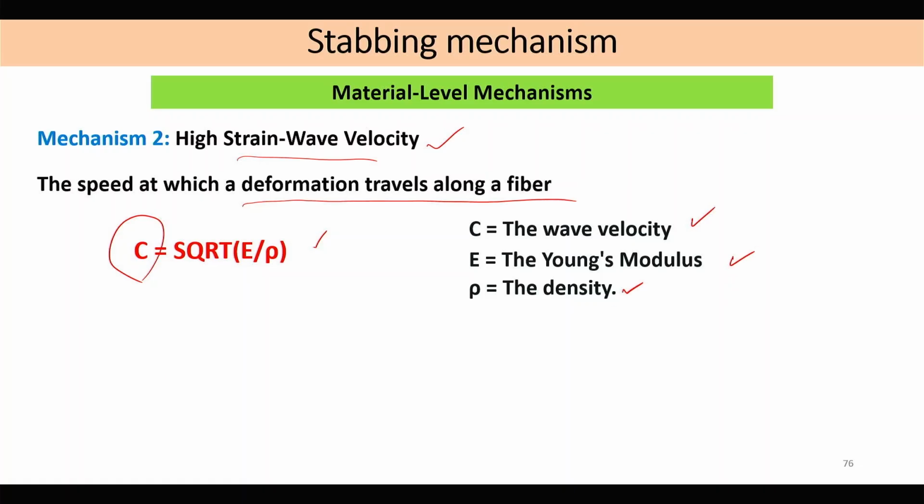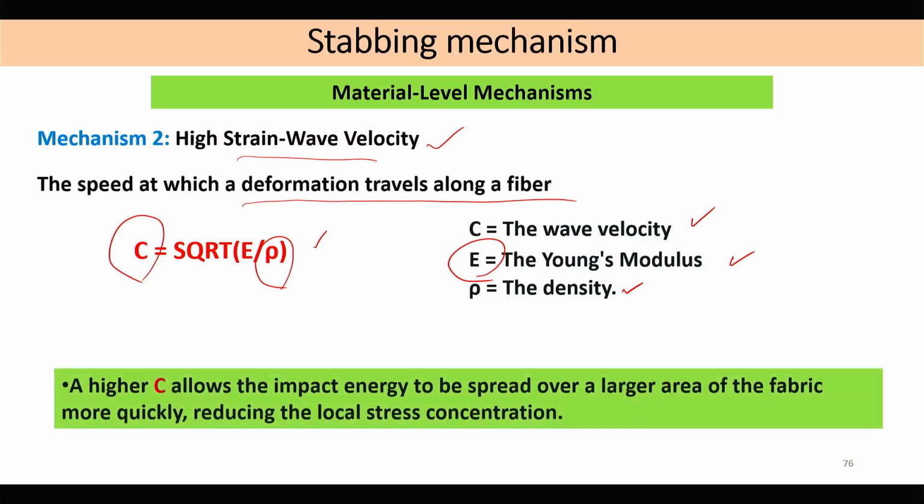So, if we use a low density fiber, we can achieve a higher wave velocity, or even high modulus. So, modulus is very important. A higher wave velocity allows the impact energy to be spread over a large area in less time, quickly, reducing the localized stress concentration.